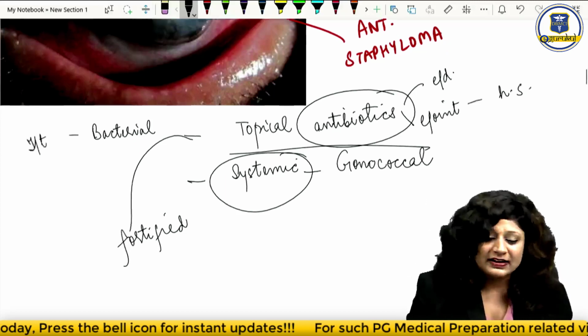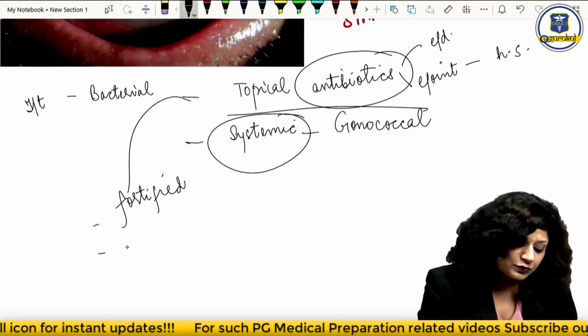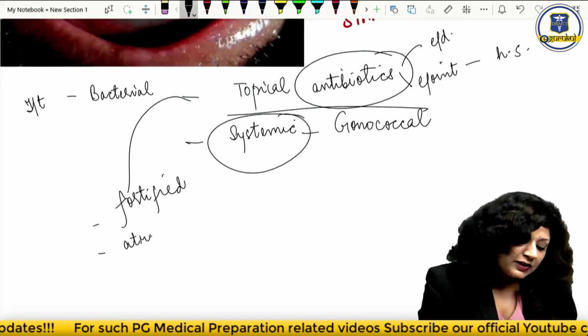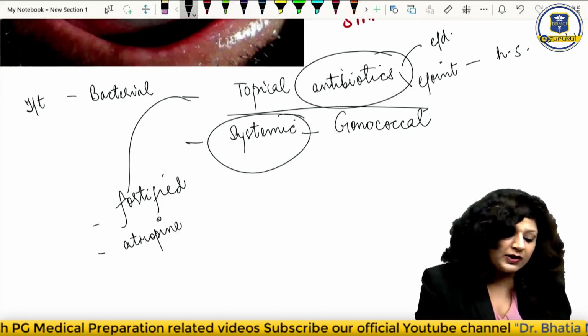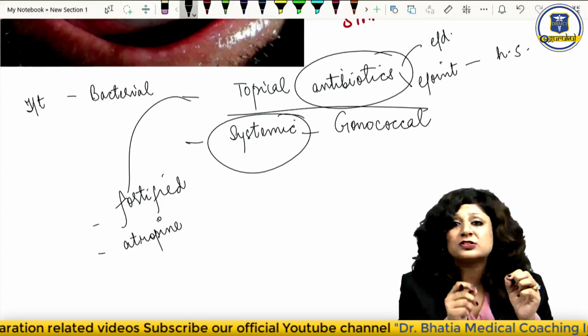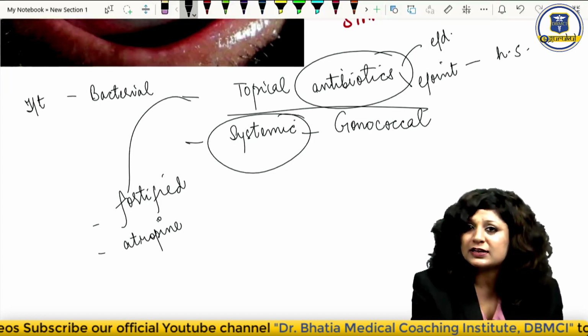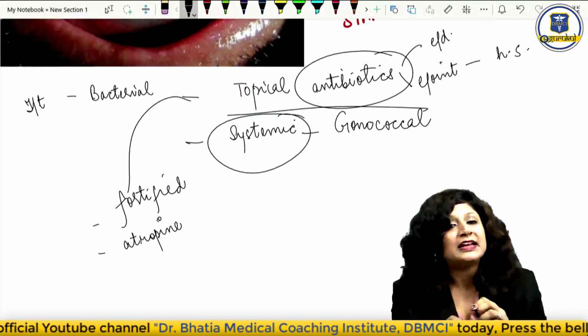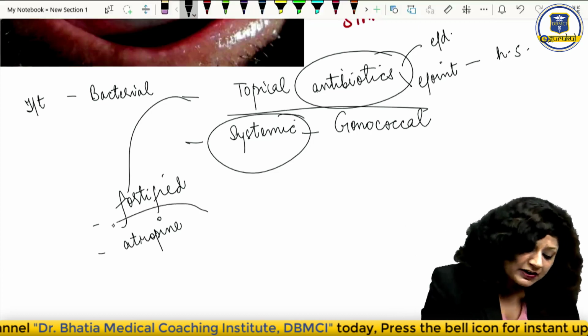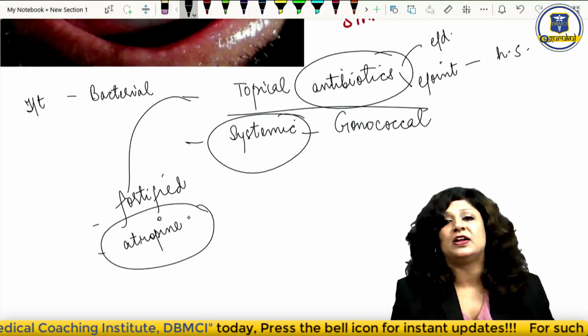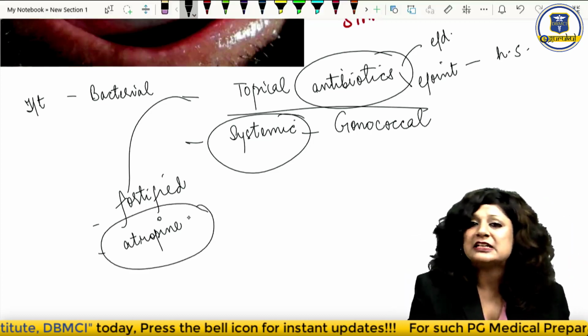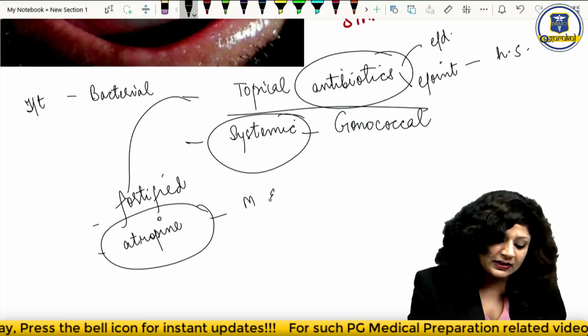Now along with the antibiotics, what else do you have to give? You have to give atropine. Atropine is again an important component of corneal involvement. It is not only for bacterial corneal ulcers but also for any type of corneal ulcer. Whenever there is corneal involvement, you should give atropine. What is atropine? It is a mydriatic and a cycloplegic.